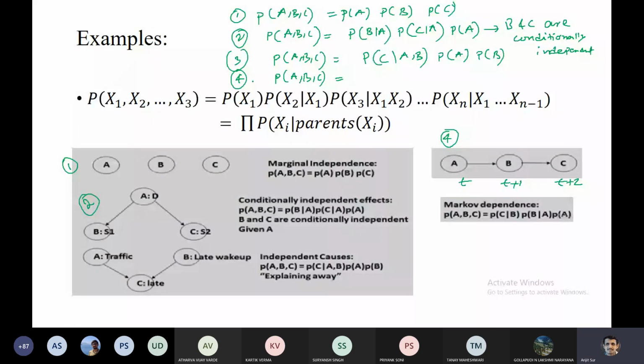So here you can see P of C given B, P of B given A, and P of A. That is also very interesting, how these events depend on the previous. So this is the way we try to find these joint probabilities using the Bayesian network or conditional independence.